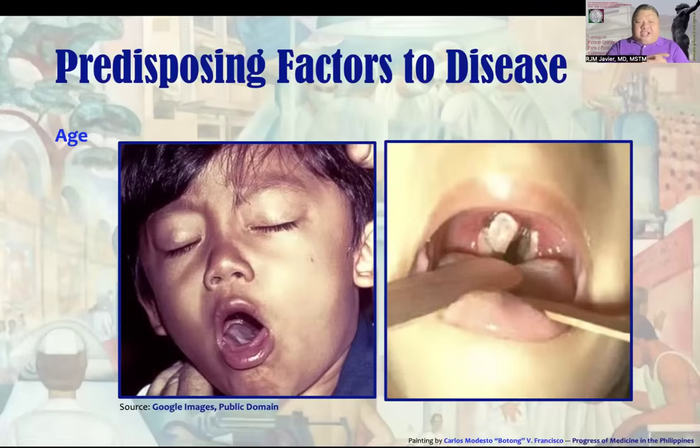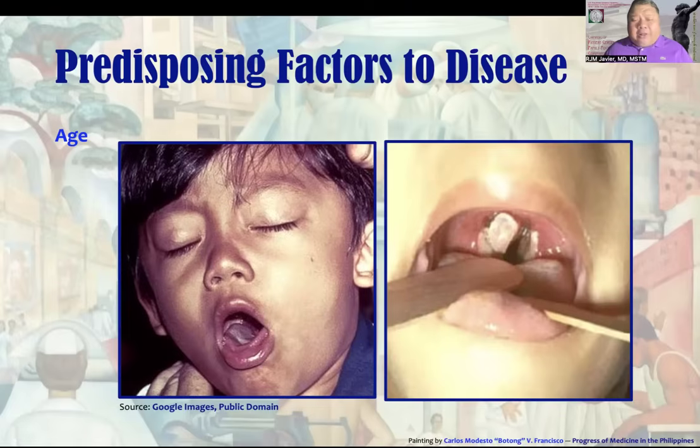Let's talk about age. There are certain medical conditions which are more commonly encountered in certain age groups. For example, when we're talking of the pediatric populations, age will definitely define certain common pediatric infections, such as whooping cough, which would include your pertussis, and your pseudomembrane infections.